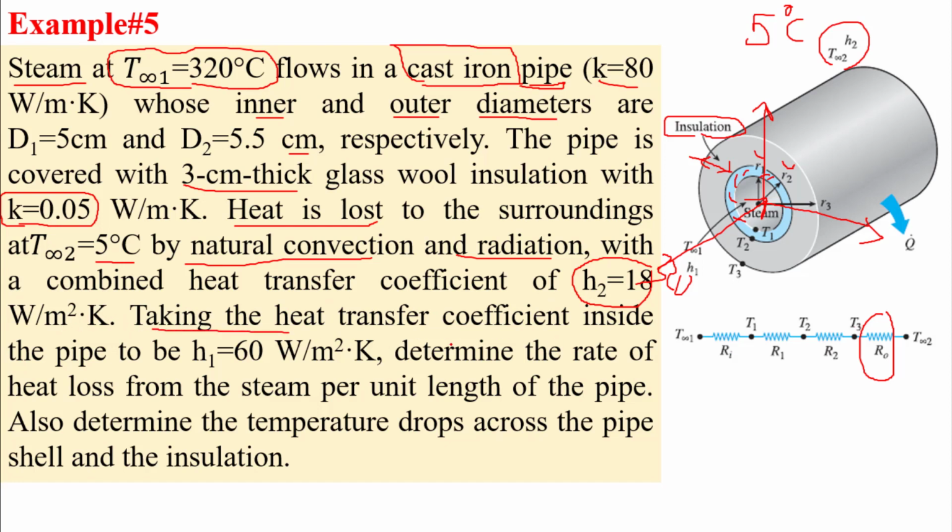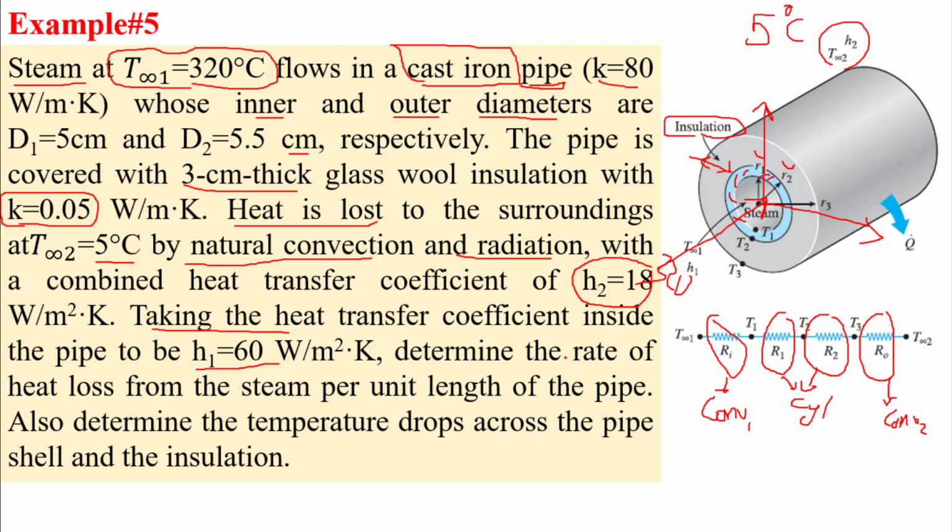Taking the heat transfer coefficient inside the pipe to be given, we have inside convection, and then we have conduction through the cast iron, and here we have conduction for the insulation, both of them conduction, but for which geometry? For cylindrical geometry. This one is convection 2 and this one is convection 1.